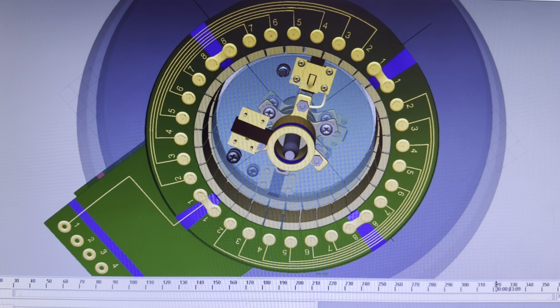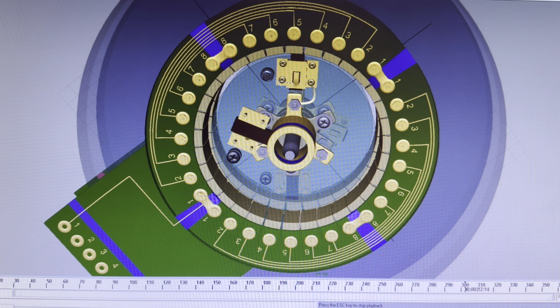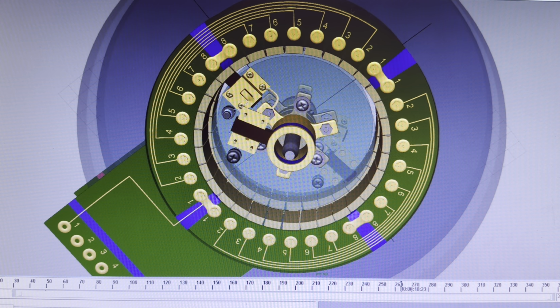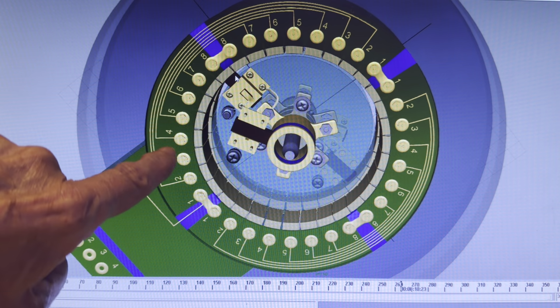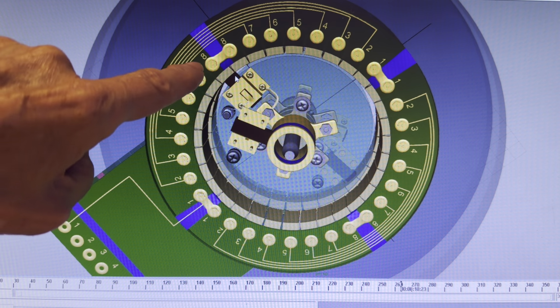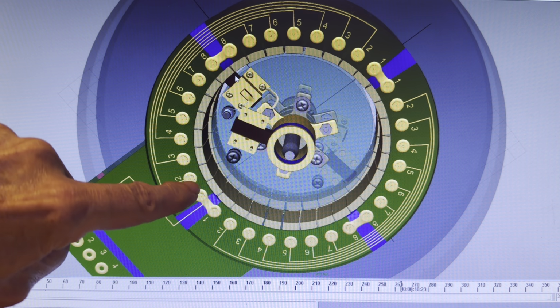Okay, so I continue the rotation until I get to 8. And on 8, the negative is going to enter a reverse quadrant, meaning from 8 to 1.